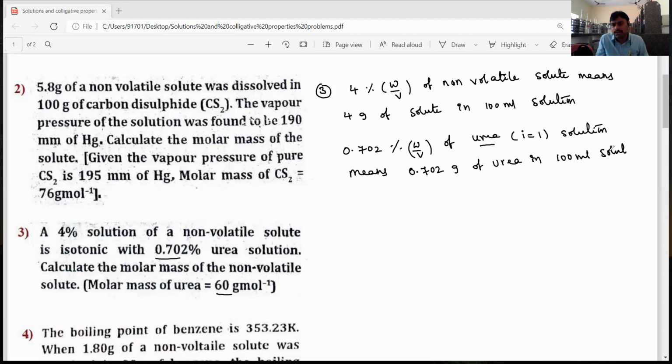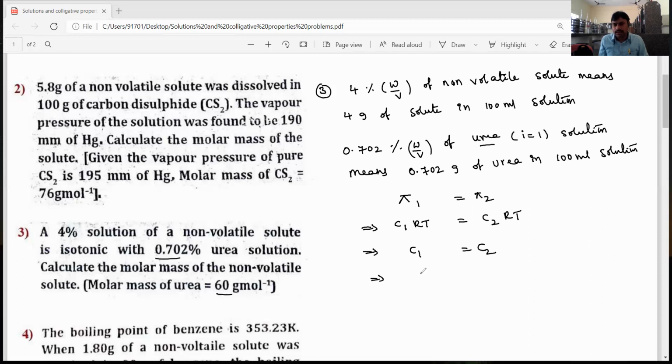100 ml solution. Okay students, their osmotic pressures are equal. Pi 1 is equal to pi 2. Now pi is equal to C1RT is equal to C2RT, and C1 is equal to C2.